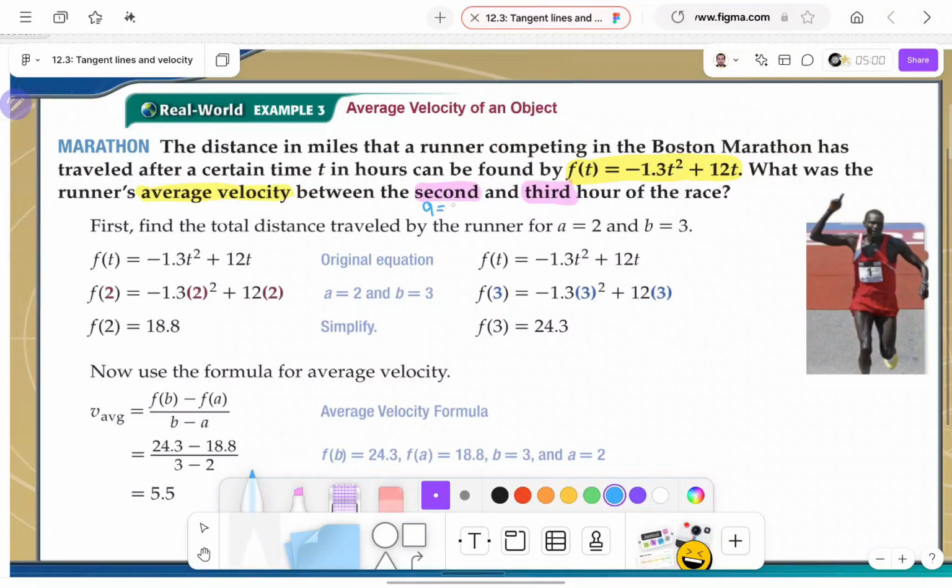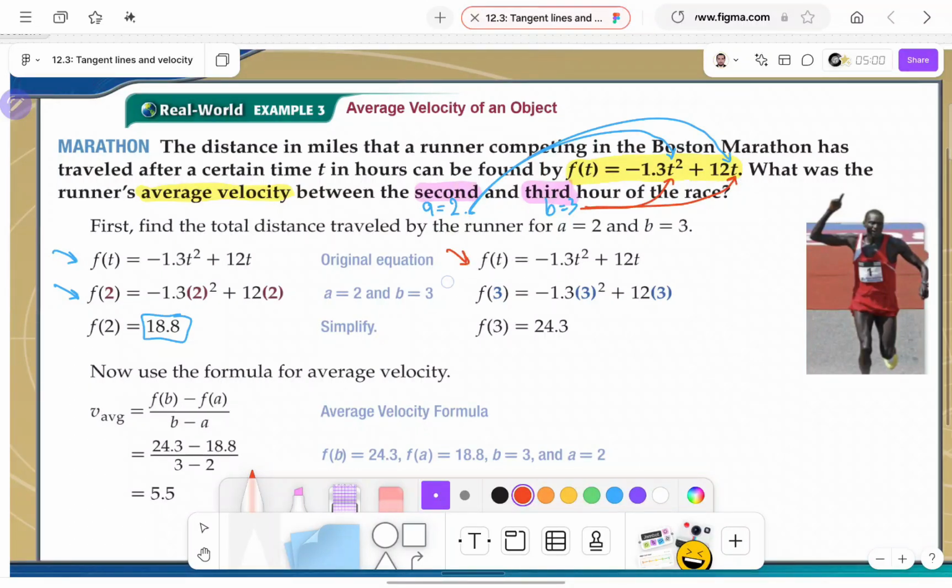The 2 points are given: A is equal to 2, B is equal to 3. Now what you're supposed to do here, we need to replace t with 2 to find f of 2, right? So now look here, I write the formula again. So f of 2 is equal to, instead of every t, I need to replace it with 2, so I get 18.8. Now the same thing I have to do with the 3, so I need now to replace t with 3.